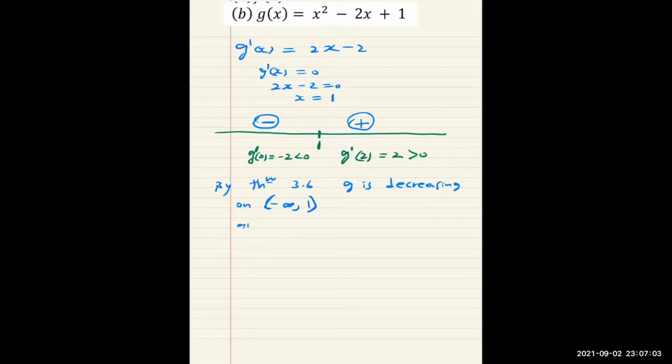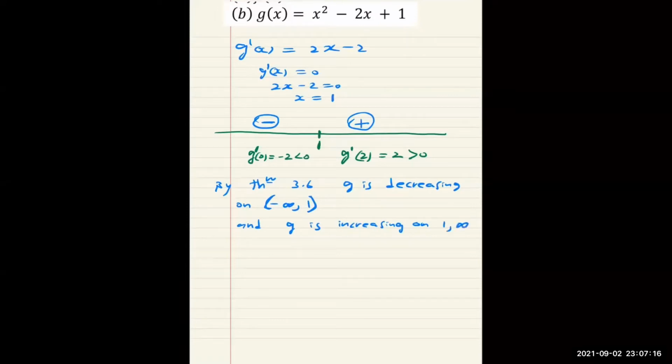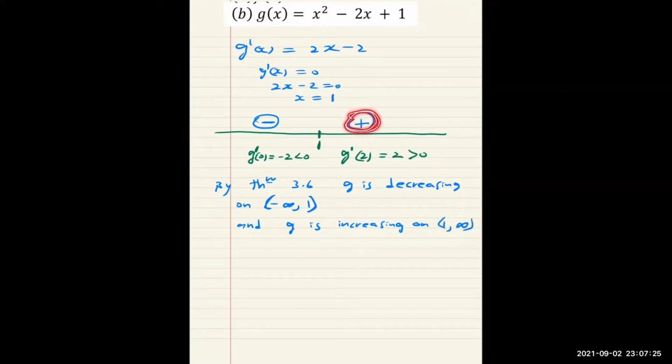And g is increasing on 1, infinity. Again, I'm using parentheses. It is increasing because my derivative is positive. If the derivative is positive, my function has to be increasing on that interval. All right, that completes that part.